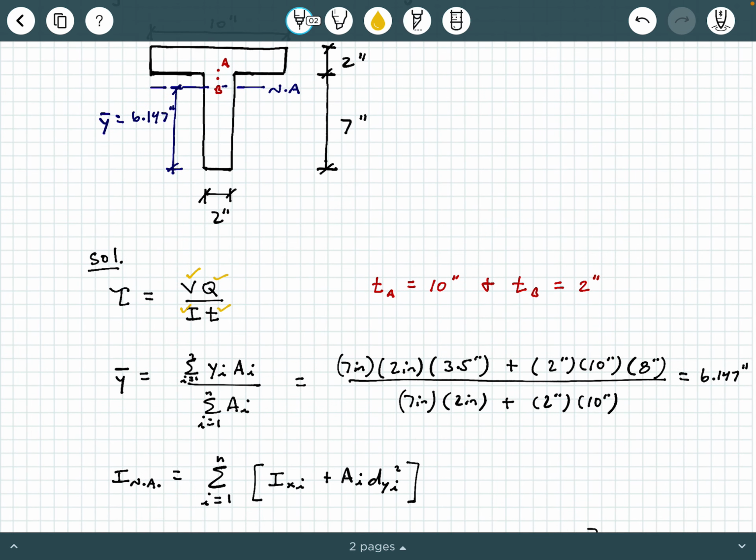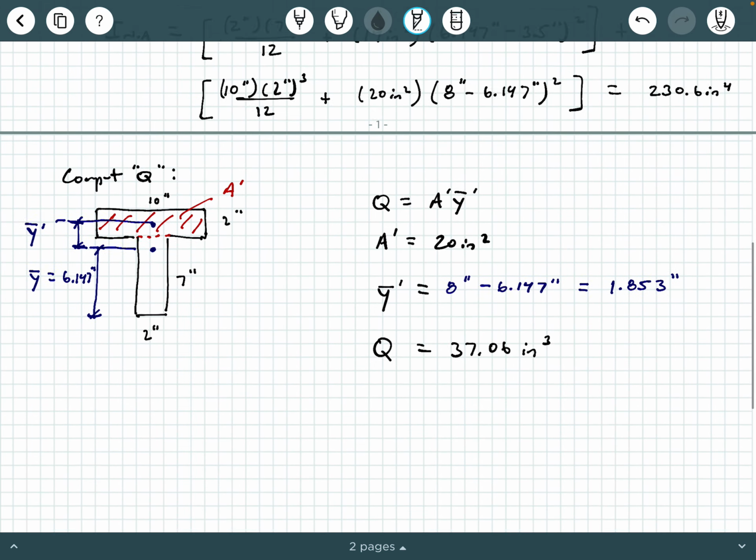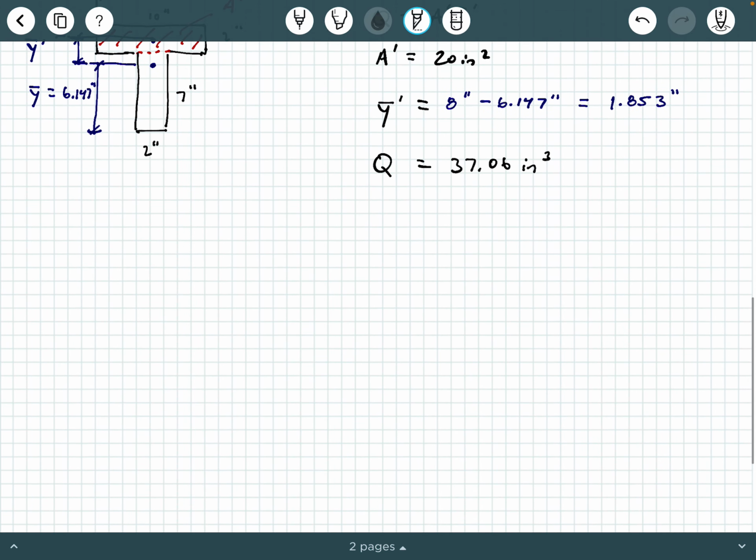So now what we need to do is compute tau 2 times, one for point A and one for point B. So we're looking for the shear stress right above that interface, and then a separate value for the shear stress right below that interface, okay? So let's write that out.